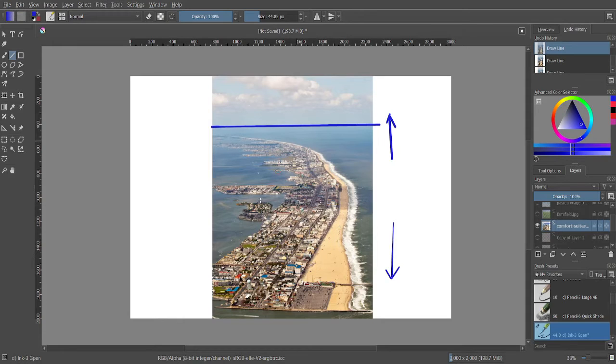But if the horizon line was down here, for example, we would be looking up. It means that we'd be looking up into the clouds or the sky. To illustrate this, I found other pictures to explain that.